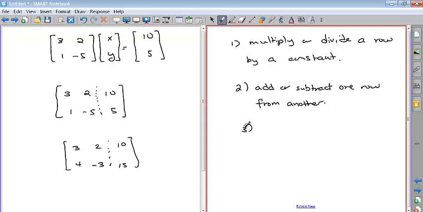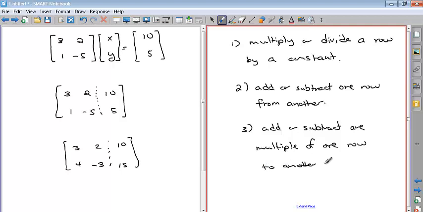You can also add or subtract a multiple of one row to another row.